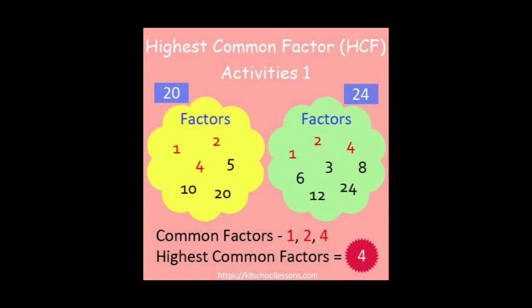From these two lists, it is very easy to find the common numbers. Common factors here are 1, 2 and 4. Among that, which is the highest number? No doubt it is 4. So, HCF of 20 and 24 is 4.